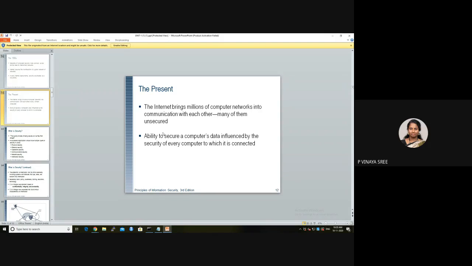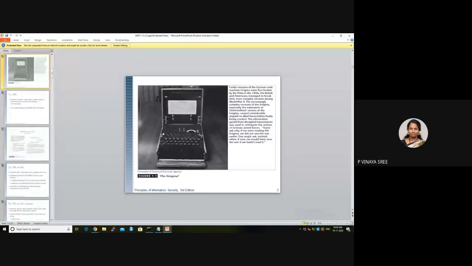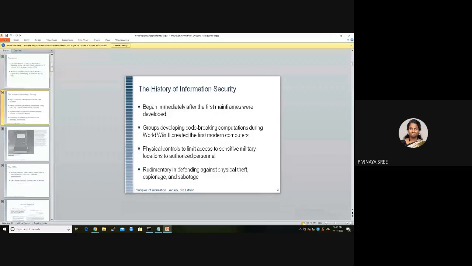Whatever data is available in the computers, you have to provide security for it. Here we started the history of information security with the first mainframes, which are very bulky computers.